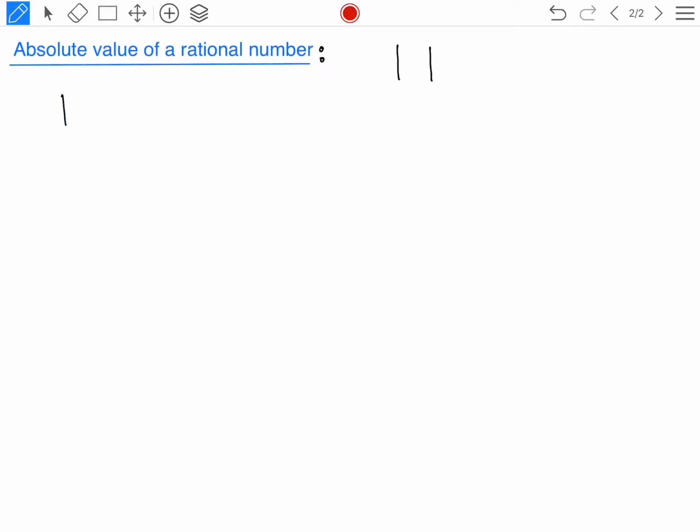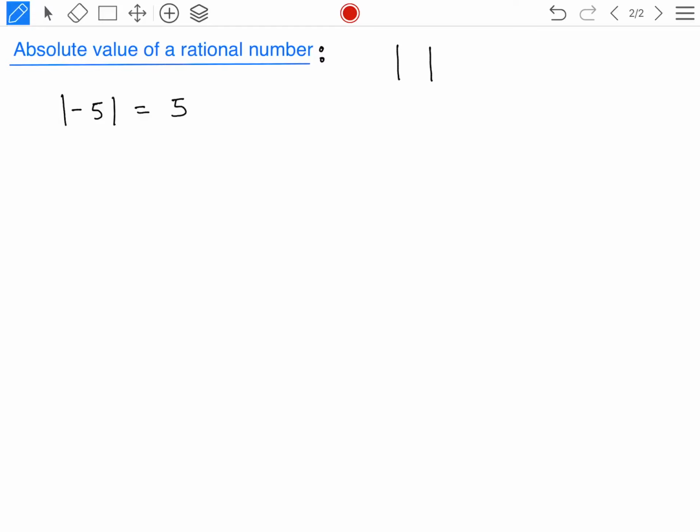For example, the absolute value of minus 5 will be equal to 5. We'll just remove the sign. While we write the absolute value, we will remove the sign. First, I am discussing some examples from integers, then we'll discuss rational numbers. The concept is similar. Absolute value means the numerical value, so the sign is always removed.